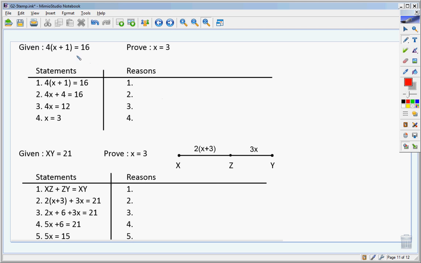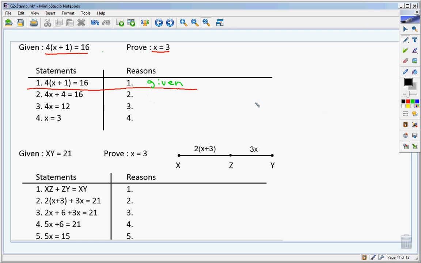On this next one, they gave me 4x plus 1 equals 16. They asked me to prove that x was equal to 3. In this first statement, what's my reason? It is given. They gave it to me. To get from the first statement to the second statement, what did I do?